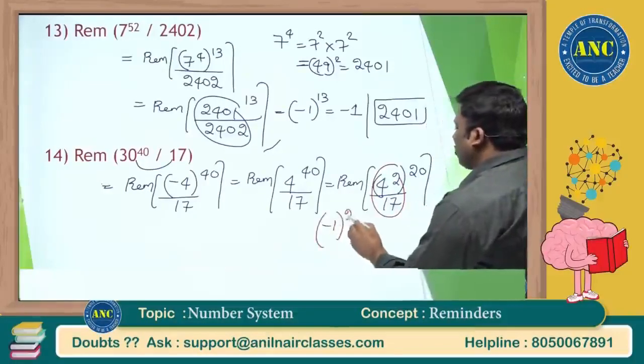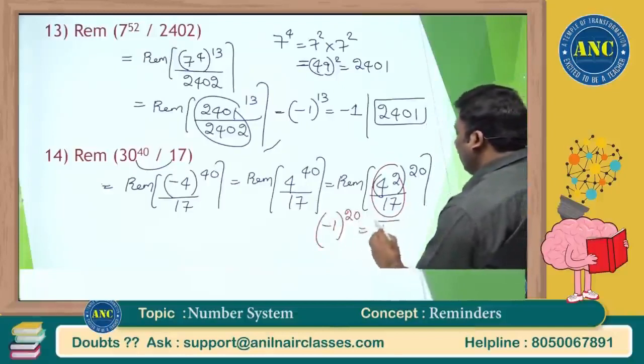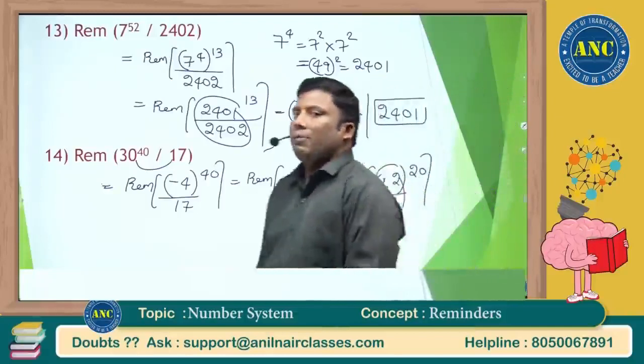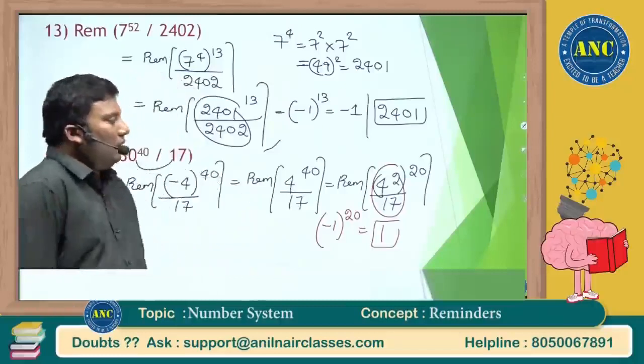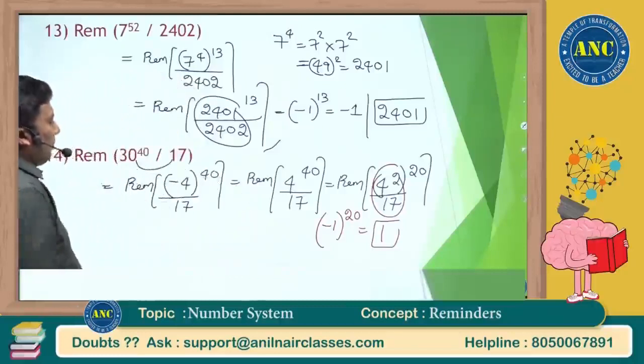Negative remainder minus 1. Minus 1 power even number is plus 1.